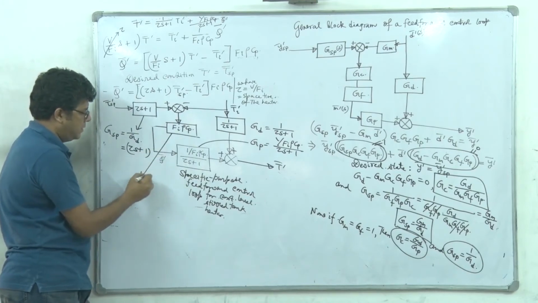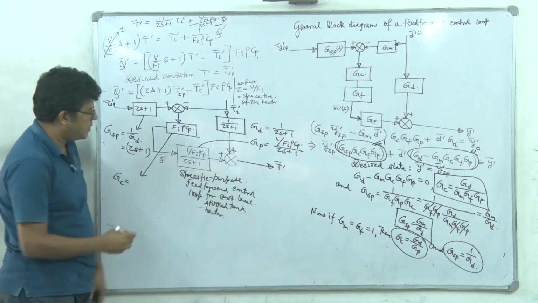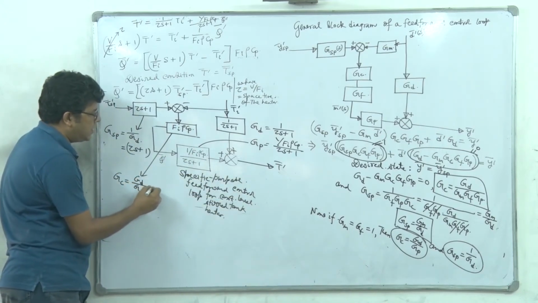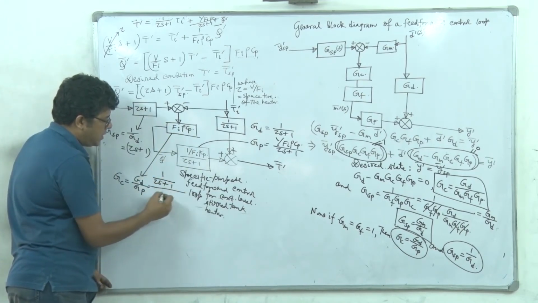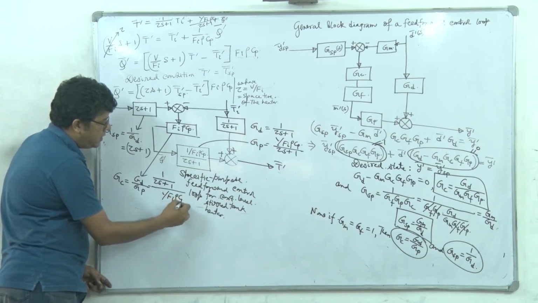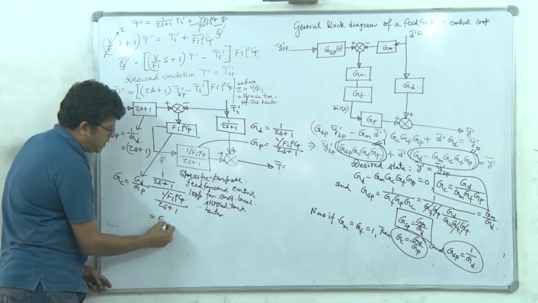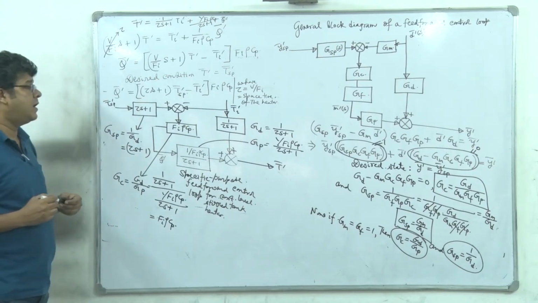And here GC will be equal to GD by GP, right? GD divided by GP. And what is GD here? 1 divided by tau s plus 1. And here GP is 1 divided by Fi rho Cp, that divided by tau s plus 1, giving you simply Fi rho Cp, which is exactly consistent with what we have found.